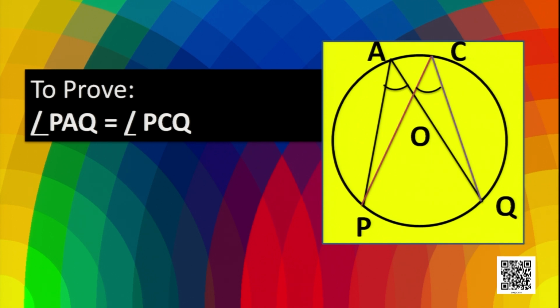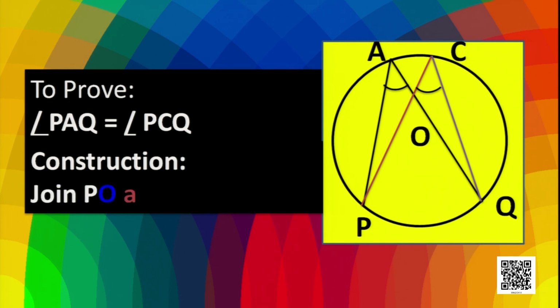As earlier we learned that the angle subtended at the center is twice the angle subtended at the rest part of the circle. So to use this, we need a construction. So here the construction is join PO and QO.